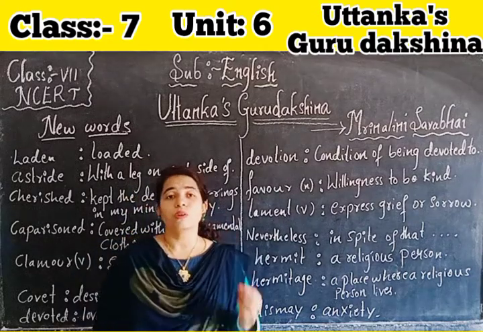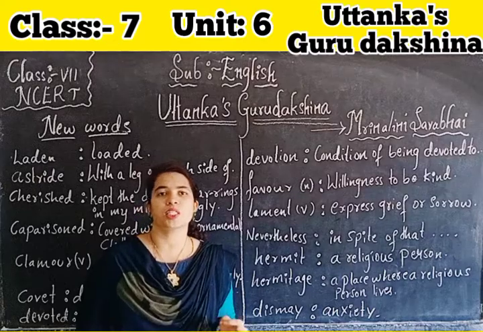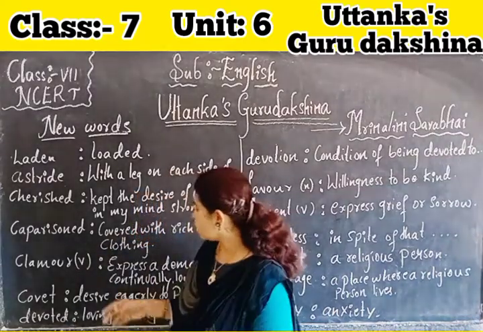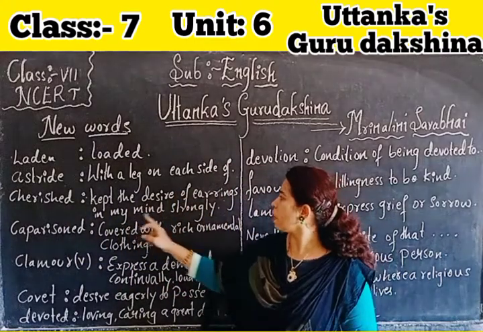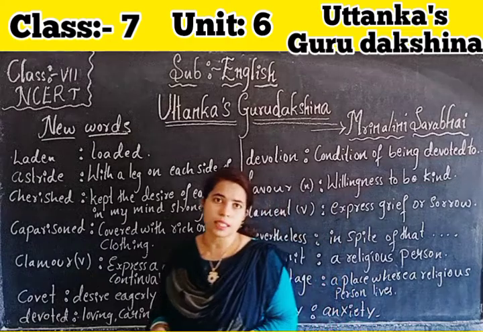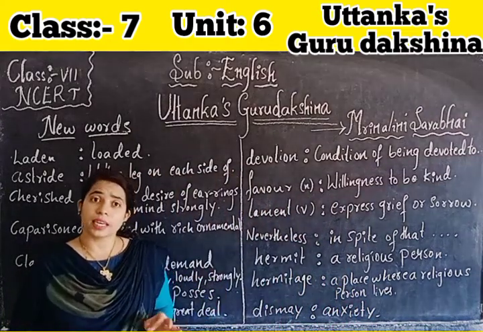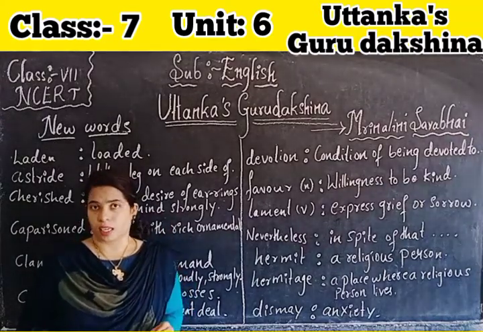"I have a long cherished wish." Long means so many years. Cherished in the sense of keeping a desire for the earrings in my mind strongly. She has a very strong desire to get them and to wear them on the festival.